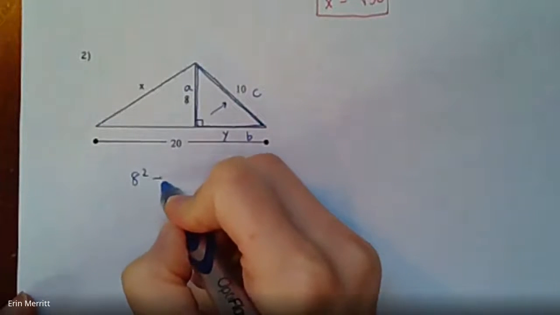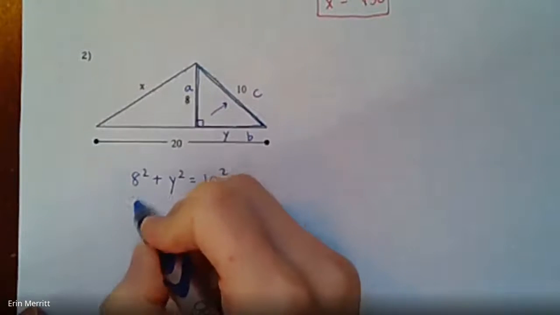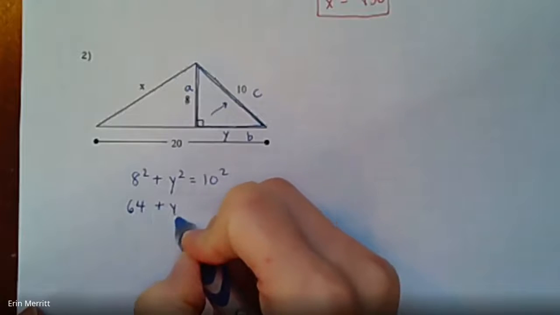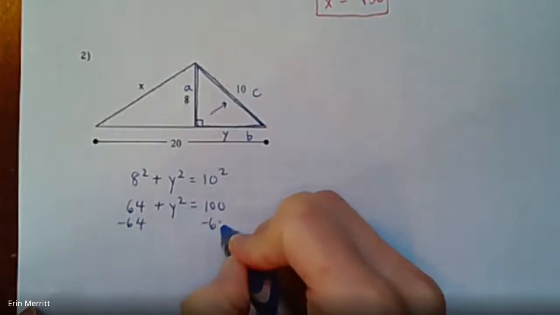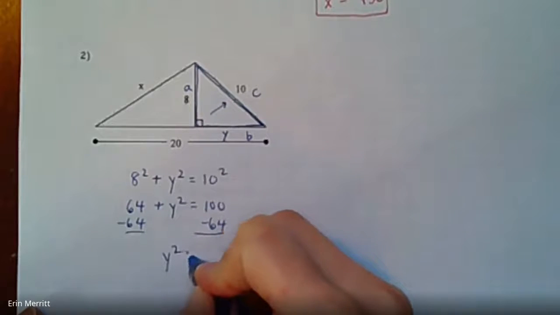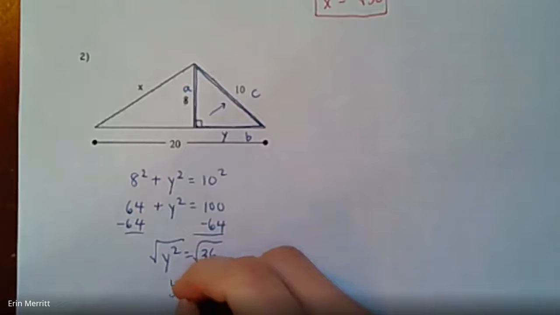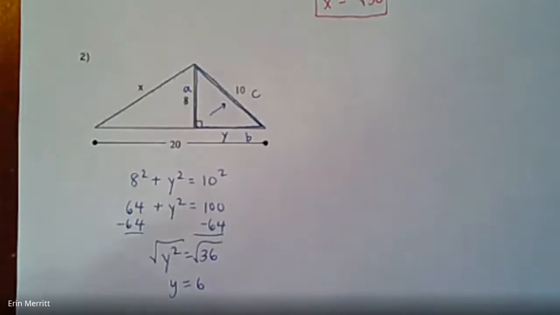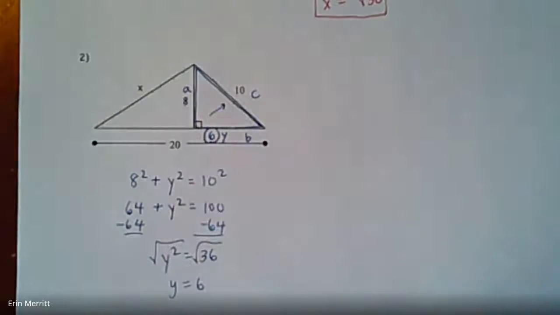We can do 8 squared plus y squared equals 10 squared. So we get 64 plus y squared equals 100. Subtract that 64 over, and we get y squared equals 36. This is going to come out nice and pretty. So y is equal to 6. Well, how is that helpful?